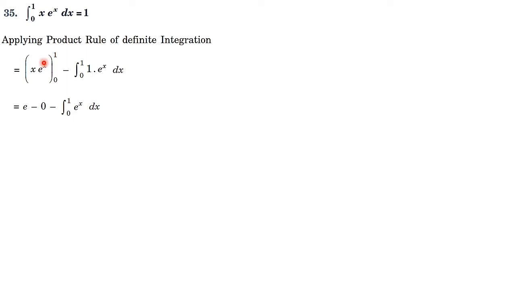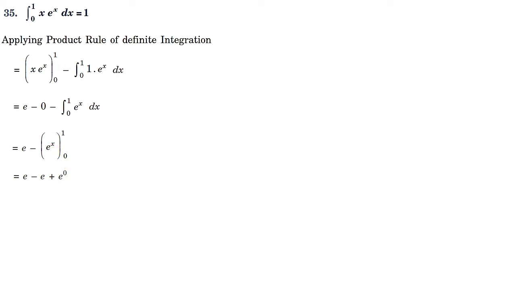Then apply the limit: here 1 into e power 1, that is e, minus 0 into any quantity is 0, minus integral 0 to 1 of e raised to x dx. That is e minus integral of e raised to x, which is e raised to x itself, apply the limit 0 to 1. So e minus, e power x replaced with 1, e power 1 minus e power 0.